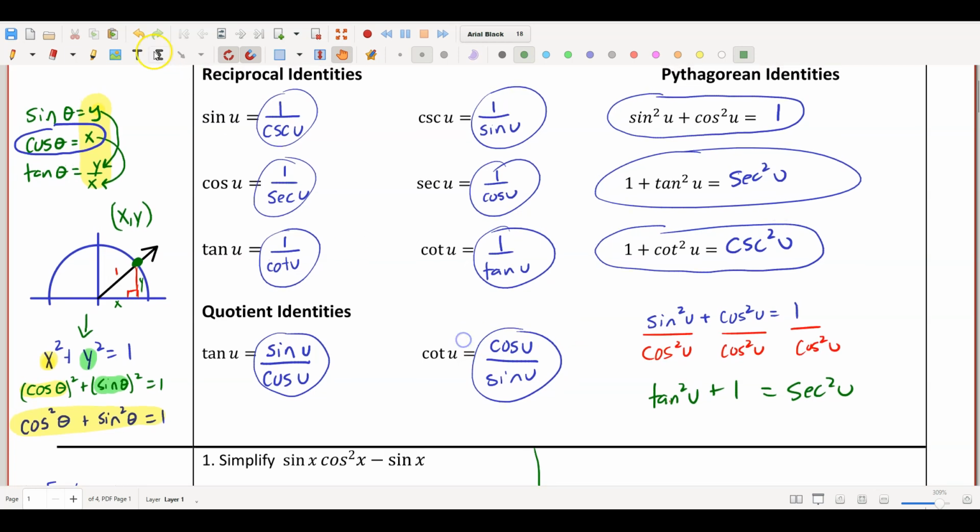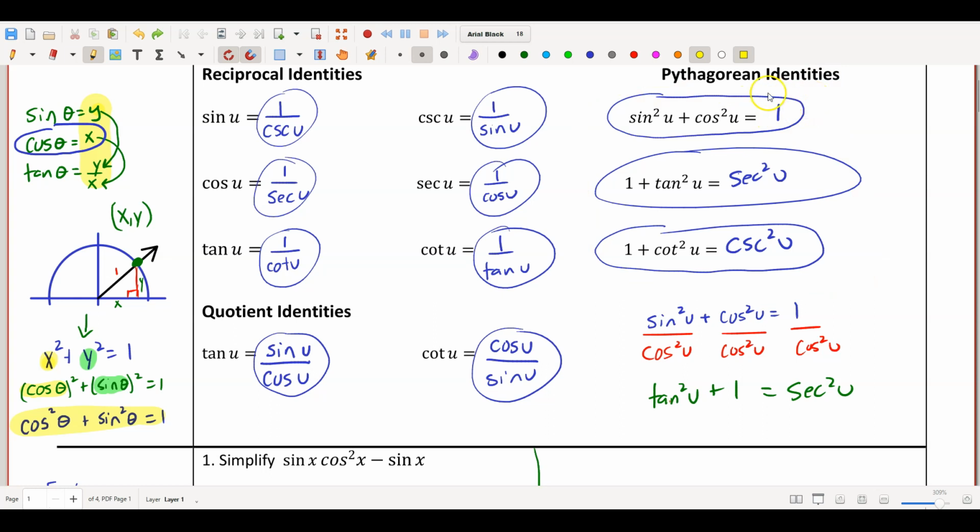Okay. The first thing that I usually look for is these guys right here. If I can use a Pythagorean identity, that is a lot of simplification. Like if I have an addition like sine squared plus cosine squared and I see that in my problem, I know that's just equal to 1. Well, I'm going to use that right away because that just simplifies my problem down so quickly.